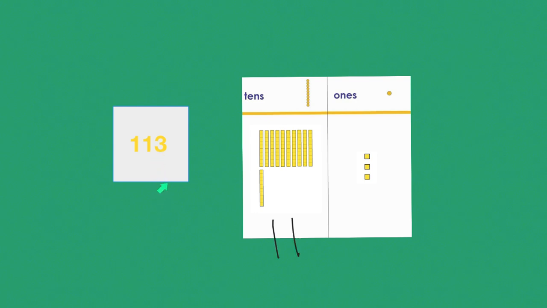Now for our ones place, we have 1, 2, 3 single units in our ones place, creating the number 113. As you can see, we have used our rods or our groups of 10 and our single units to represent the number 113.